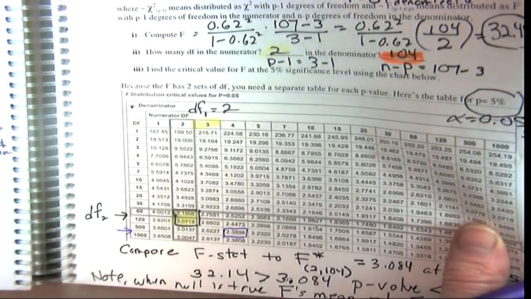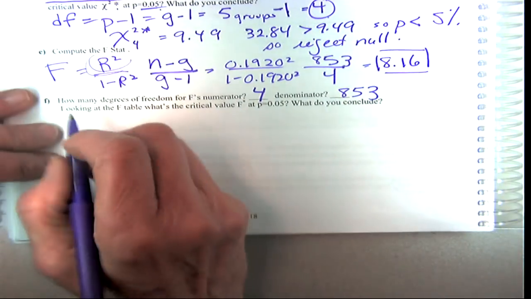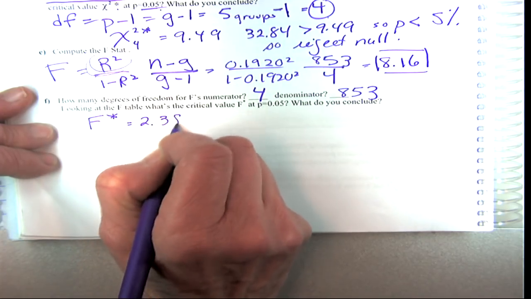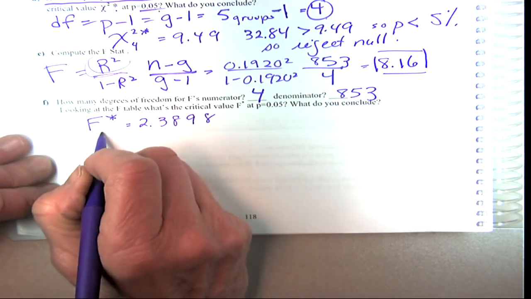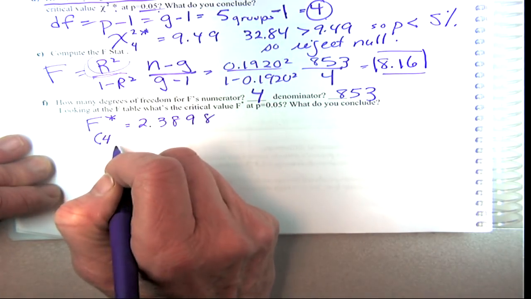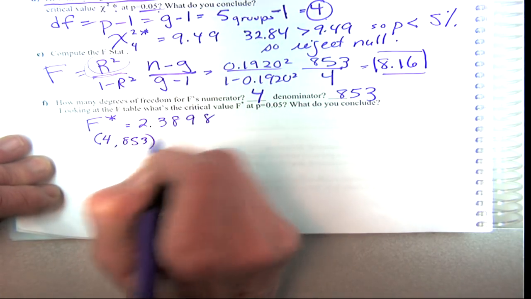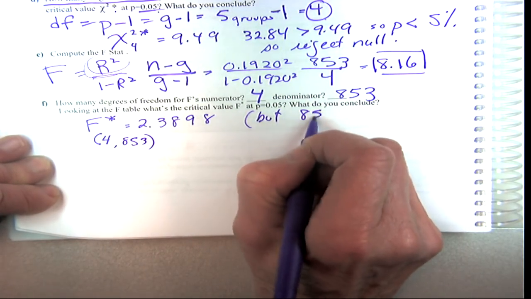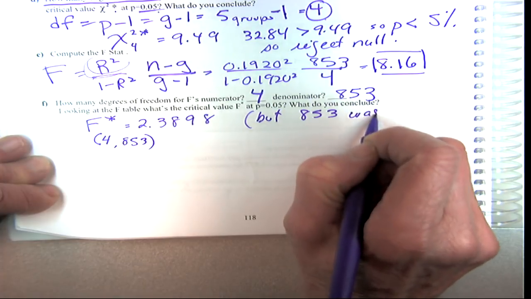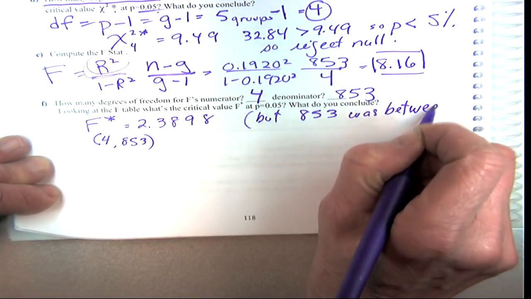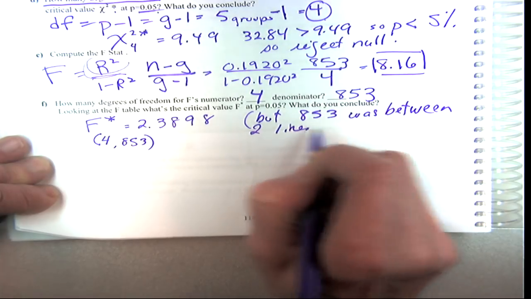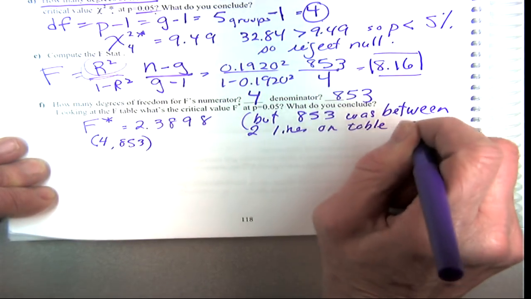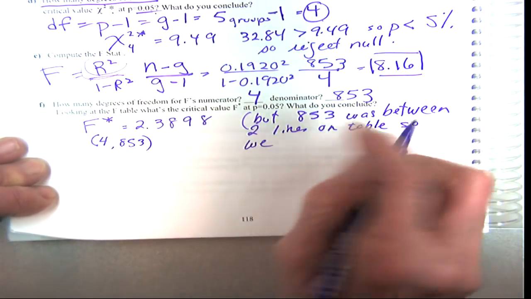Okay, so F star is equal to 2.3898. And this is for 4 and 853. But 853 was between 2 lines on the table, so we just went with the smaller one. It makes it easier to grade, and that's how people often do it.